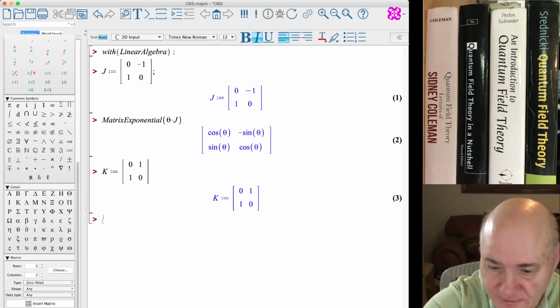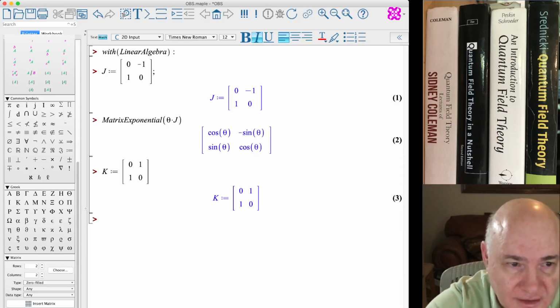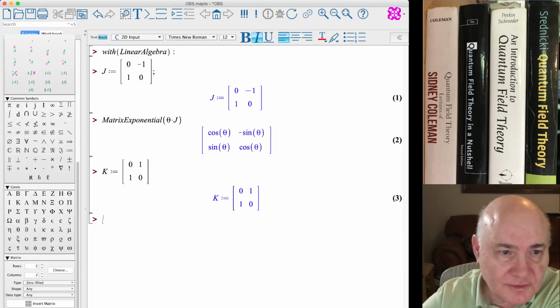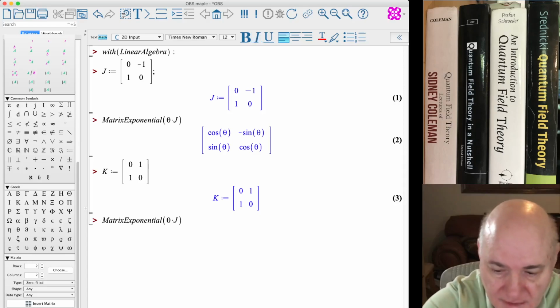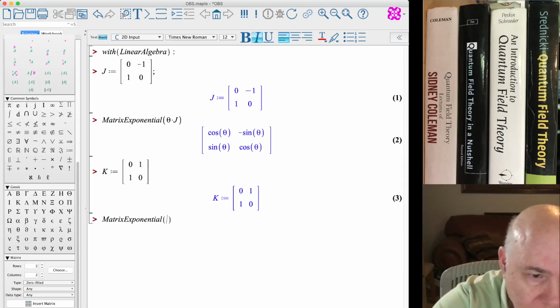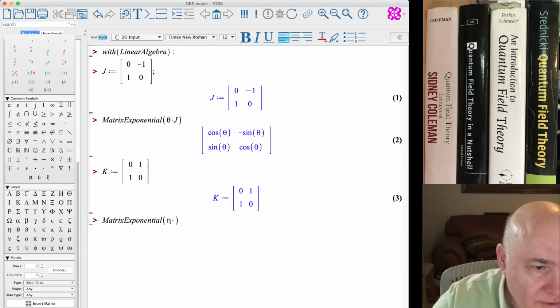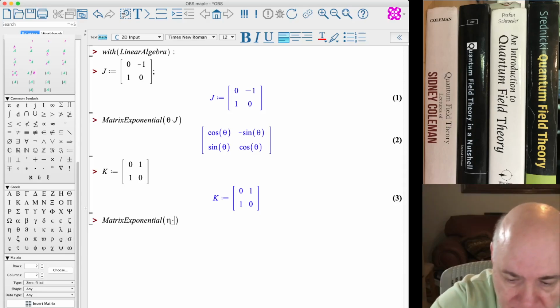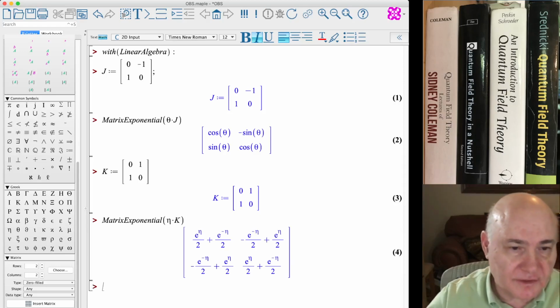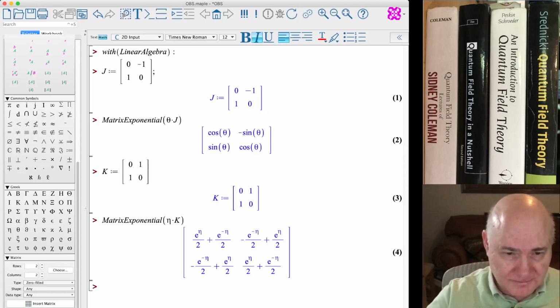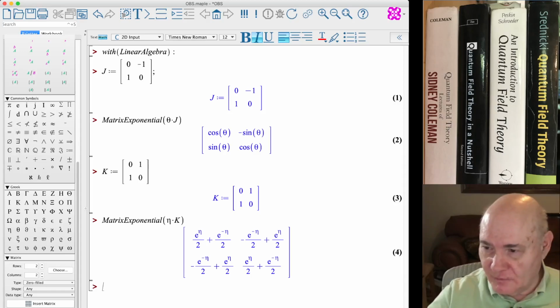And now let's do the same thing, eta asterisk. Okay, and see what we get there. Okay, so this doesn't look exactly like what we want.